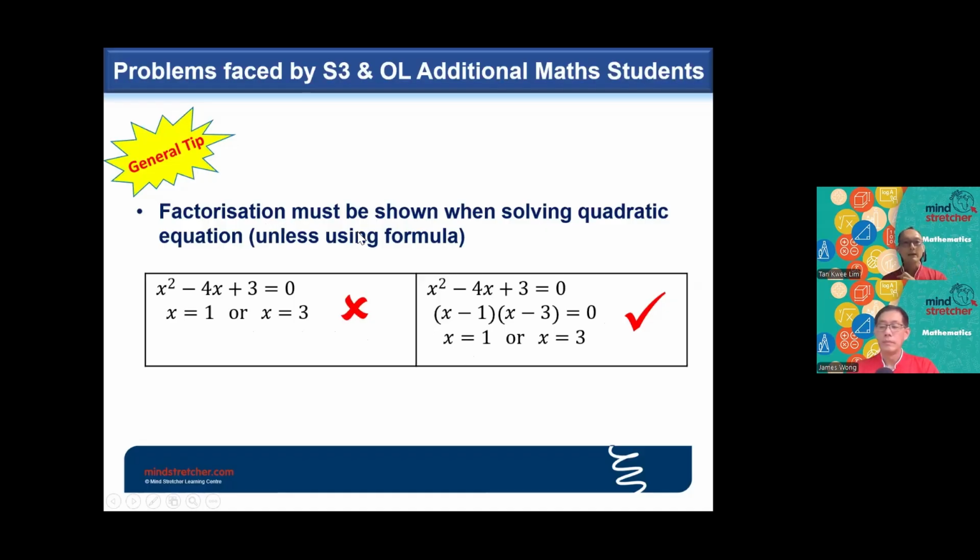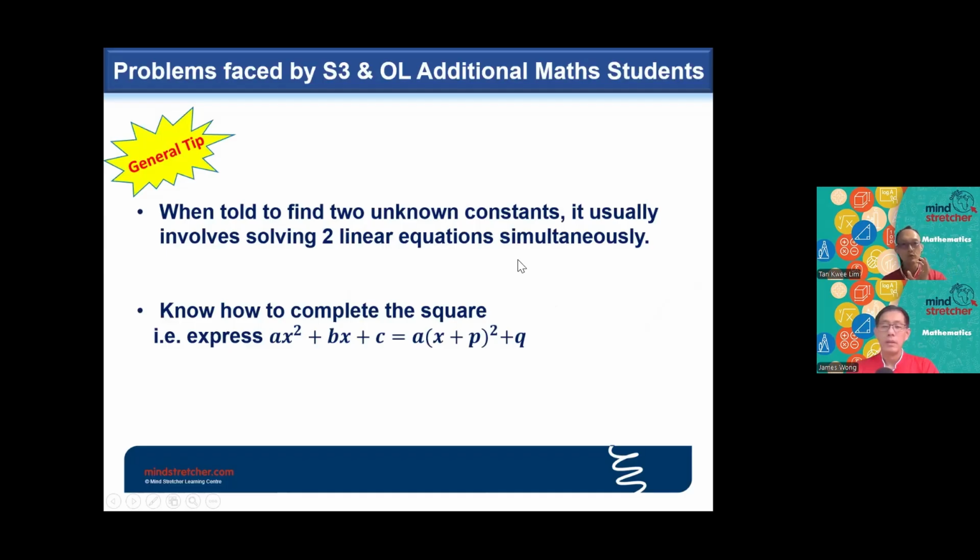And when told to find two unknown constants, it usually involves solving two linear equations simultaneously. This is usually the kind of question that they will need to know how to solve. Also, they need to know how to complete the square.